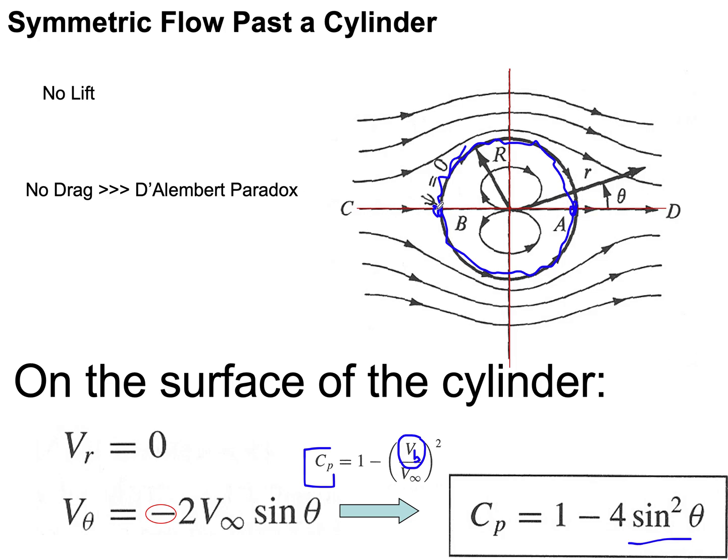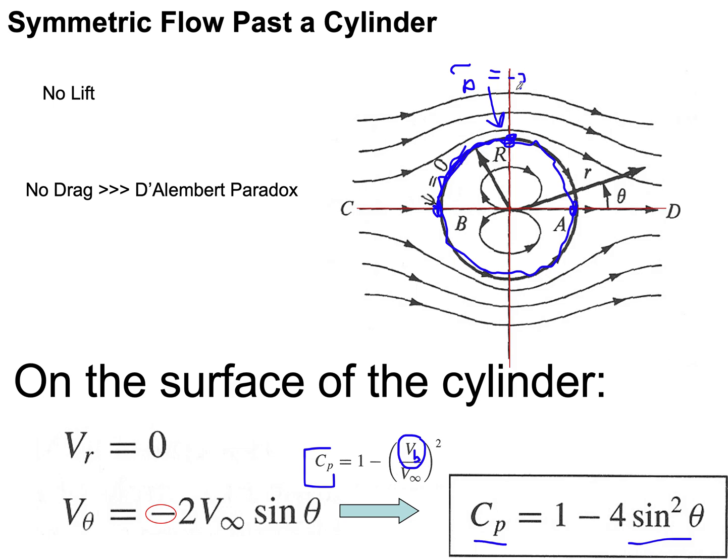So my pressure is maximal at the stagnation point, where my velocity is 0, and as I move away from the stagnation point along the body, my velocity increases and my pressure decreases, and I get a minimum pressure when sine theta is equal to 1. So 1 minus 4, I get a Cp of -3 at theta equals pi over 2. So Cp is -3.